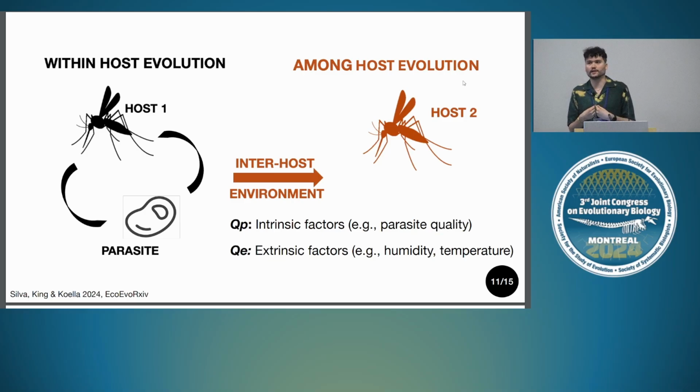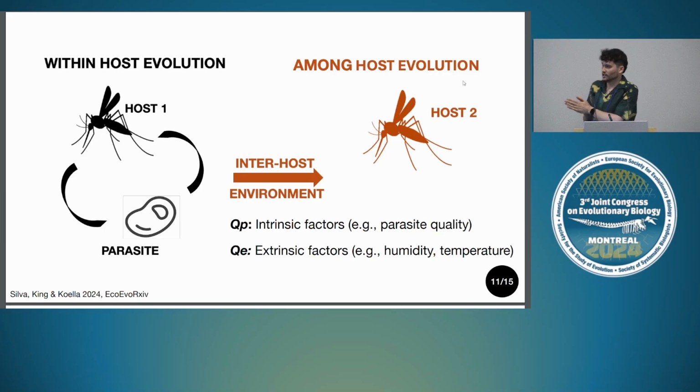If the mother cell produces a lot of spores, the quality of the spores is probably low, because you have to separate resources among more cells, you have less time to produce them, errors happen, etc. And we also have extrinsic factors like humidity and temperature. This parasite is particularly sensitive to UV and also to low humidity, so that will also affect its survival in the interhost environment, and therefore its transmission into the new host.